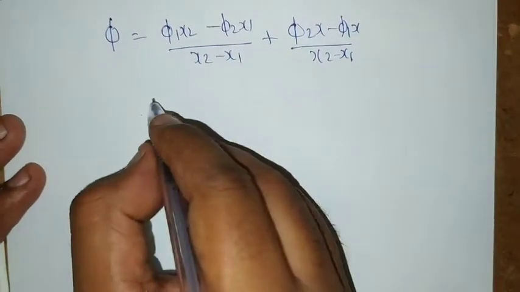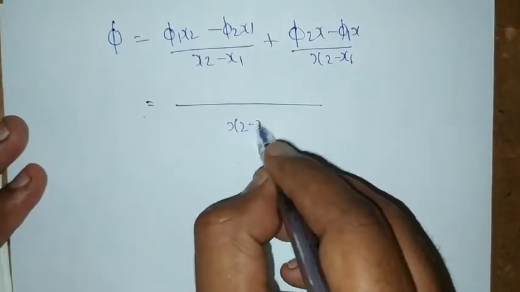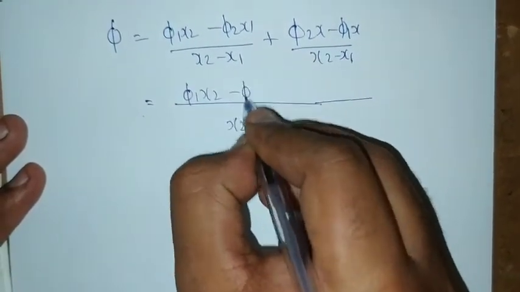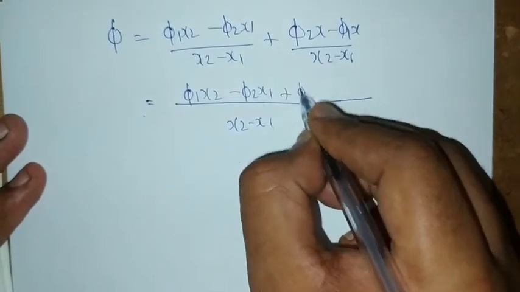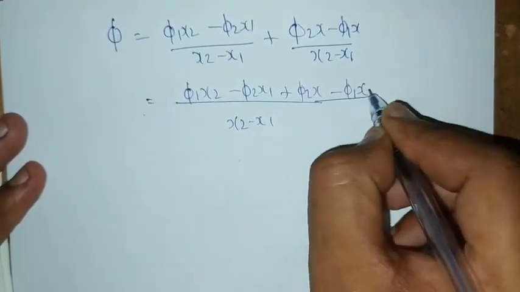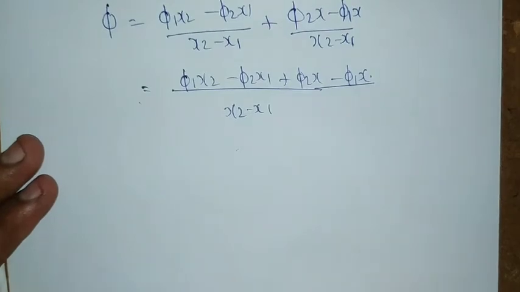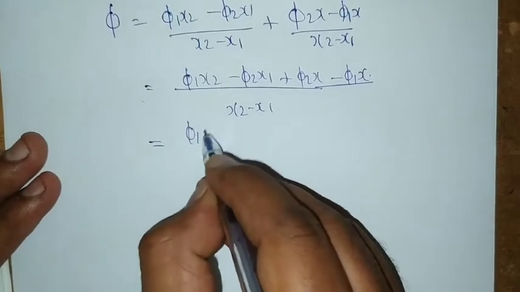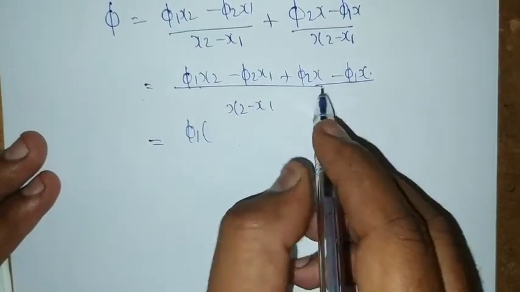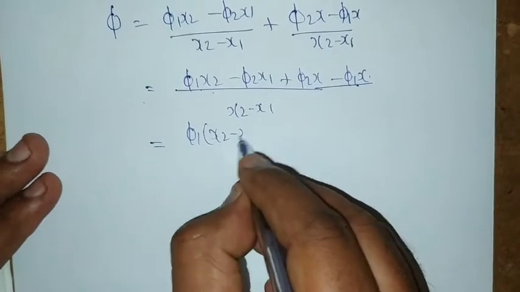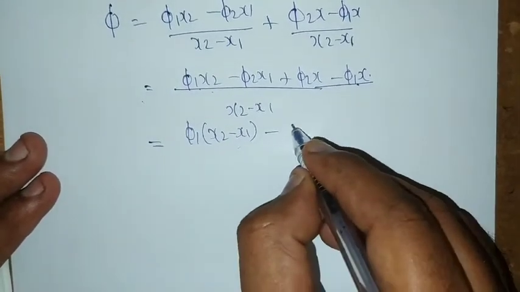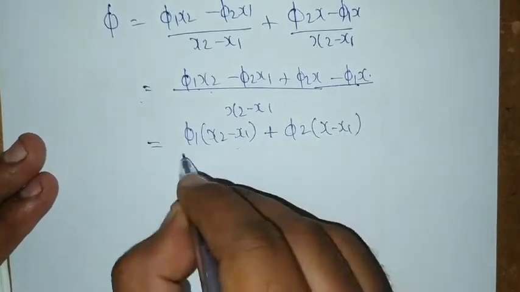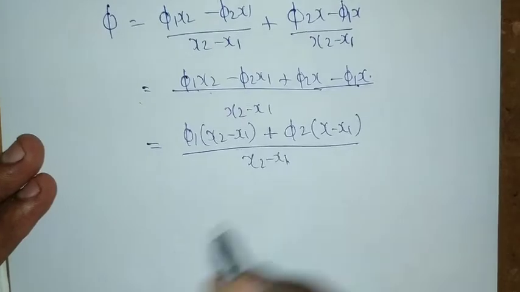So the LCM is the same; if I take LCM for both terms as x2 minus x1, then pi 1 x2 minus pi 2 x1 plus pi 2 x minus pi 1 x is going to come. If you take the pi 1 terms and pi 2 terms as common, then pi 1 of x2 minus x, plus pi 2 of x minus x1, by x2 minus x1 it will come.